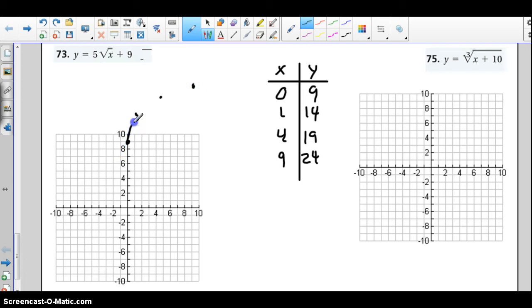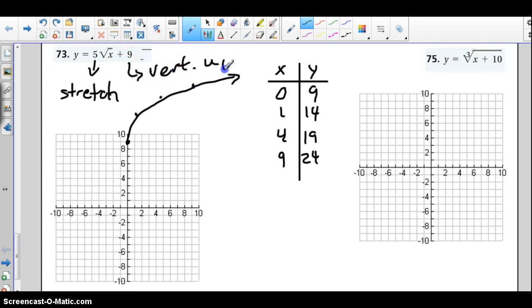And then we'd have some type of graph like this. So not only was this a stretch away from the x-axis, we also had a vertical shift up 9 units.